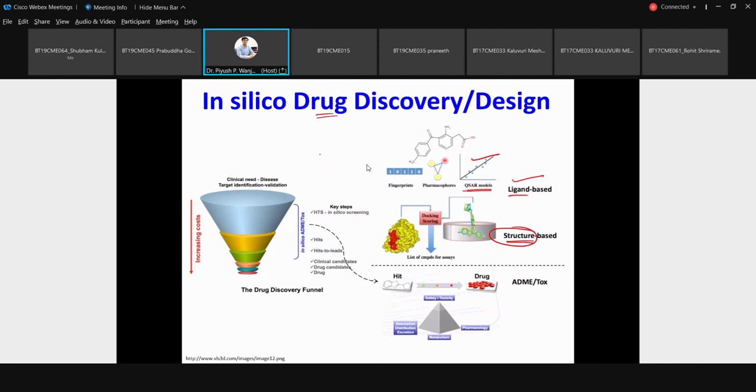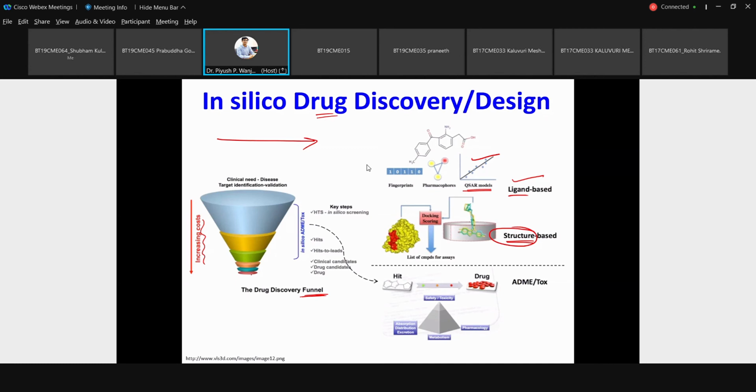If you see how this flow is going, earlier I had shown you a straight drug discovery flow chart. You can consider this as a funnel based drug discovery process where, as you go from top to bottom, the cost increases. Why does the cost increase? Earlier you use only simpler methods, and then more and more sophisticated methods.